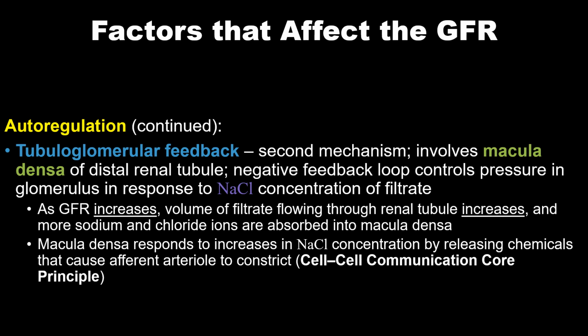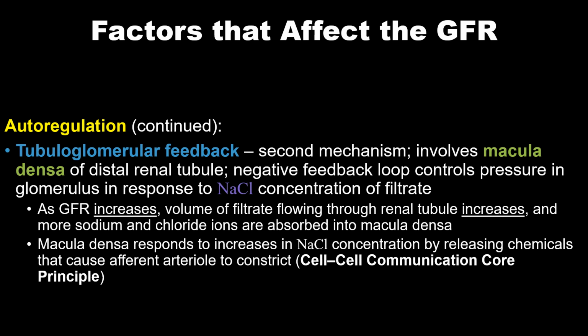Eventually, some of this ATP is going to be converted into adenosine, and this adenosine is going to lead to the constriction of the afferent arteriole, the one that feeds the glomerulus. And so once this adenosine has constricted the afferent arteriole, less blood is going to flow in, right? And so that means GFR is going to lower.